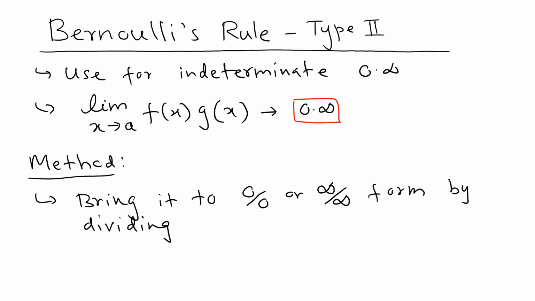It will be very clear when you look at an example what we mean by that. So we can divide by mostly the easier one. And then after we do that, we can use type 1. So we can use a type 1 Bernoulli to get the answer. So let's look at a problem and see how it's going to go.